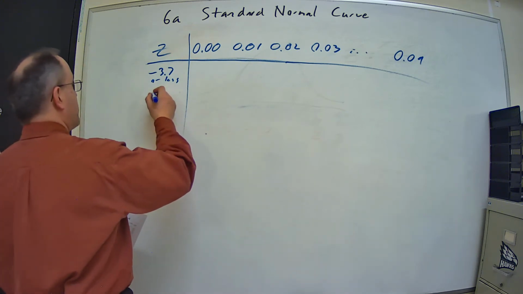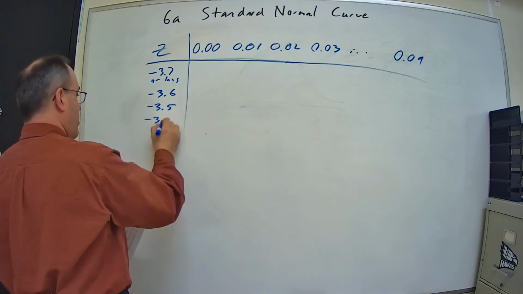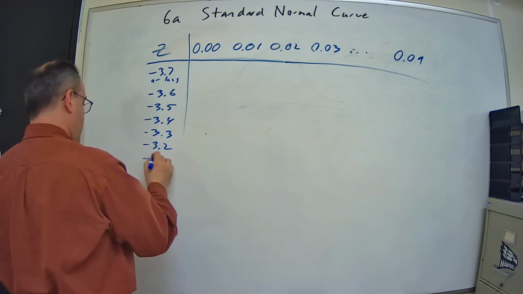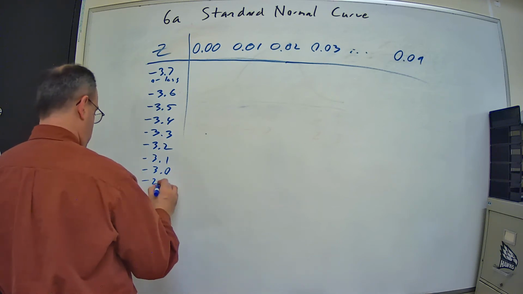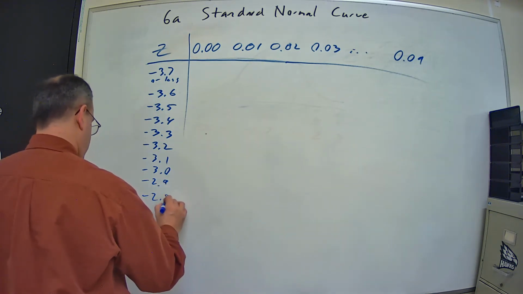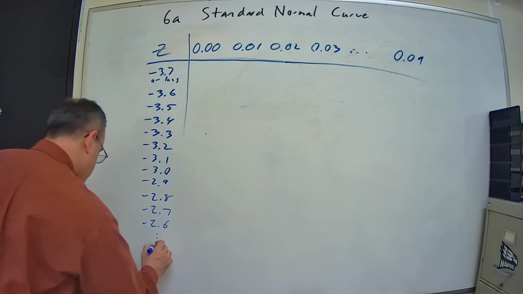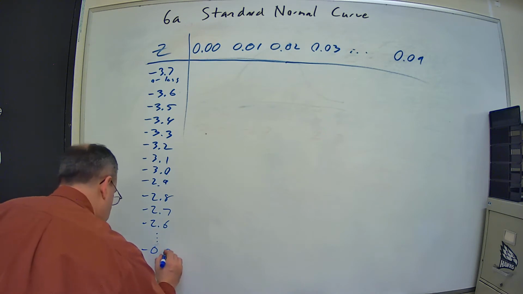So negative 3.7, negative 3.6, negative 3.5, negative 3.4, negative 3.3, negative 3.2, negative 3.1, negative 3.0, negative 2.9, negative 2.8, negative 2.7, negative 2.6, and so on, all the way down to negative 0.0.